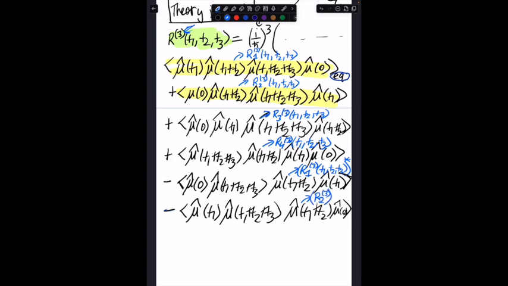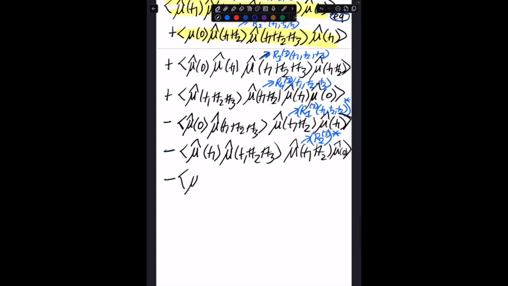I'm going to not write the T1, T2, and T3. It's well known that they are functions of T1, T2, and T3. So this is just R2 star. Then you have R3 star, and likewise you have R4 star.